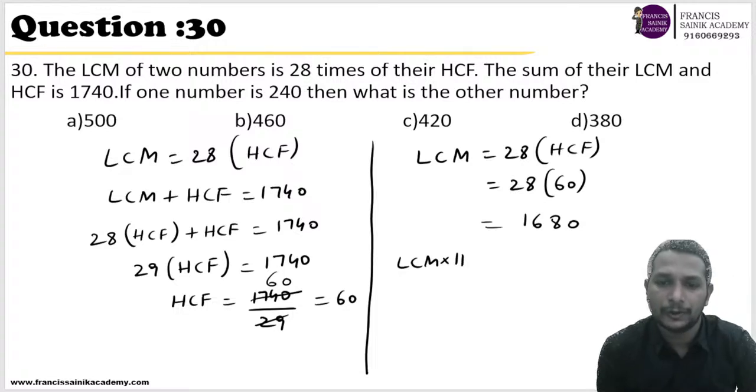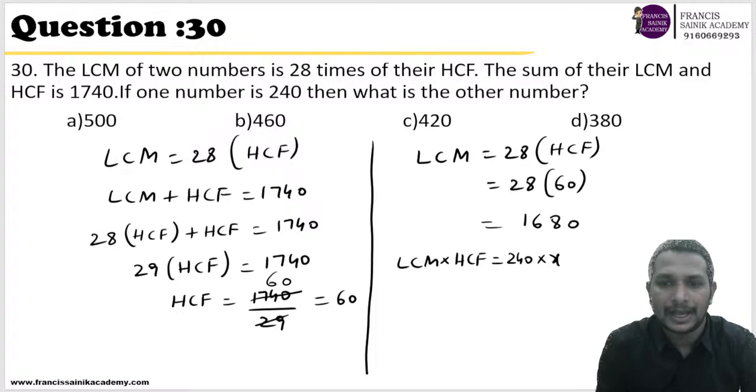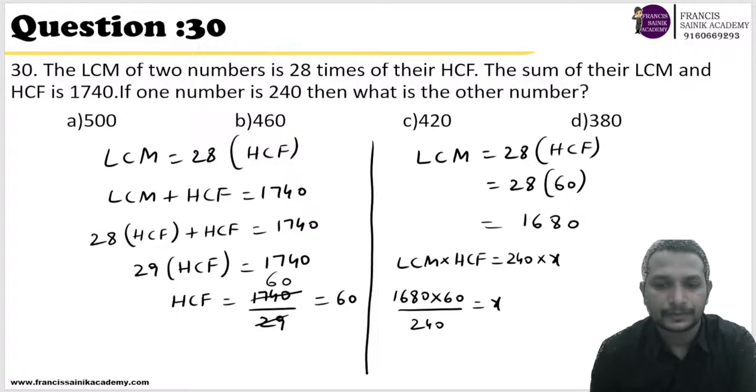LCM times HCF equals the product of the numbers. They gave one number as 240 and the other number as X. So LCM we got as 1680, HCF we got as 60, divided by 240. That is the value of X. The zeros cancel. 6 1s are 6, 6 4s are 24. We got the number as 420.